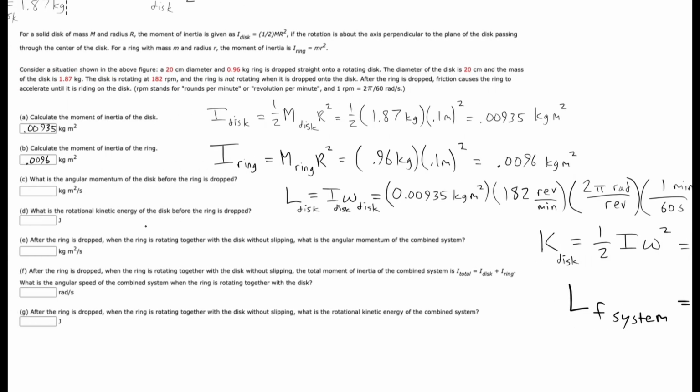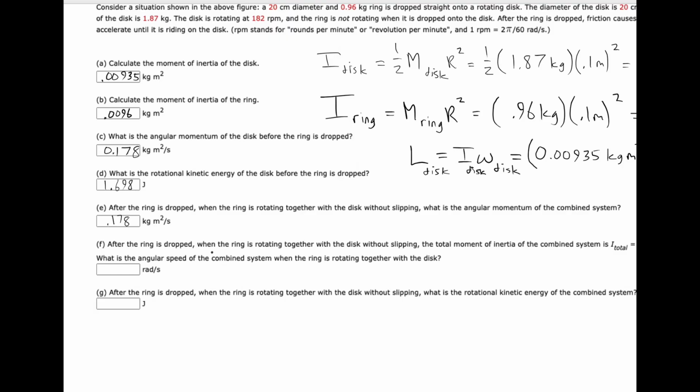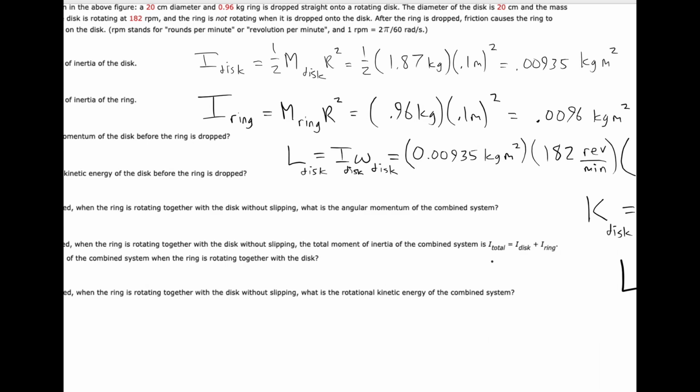So let's write those values in. Okay, now after the ring has dropped, when the ring is rotating together with the disk without slipping, the total moment of inertia of the entire system will be given by the inertia of the disk plus the inertia of the ring.